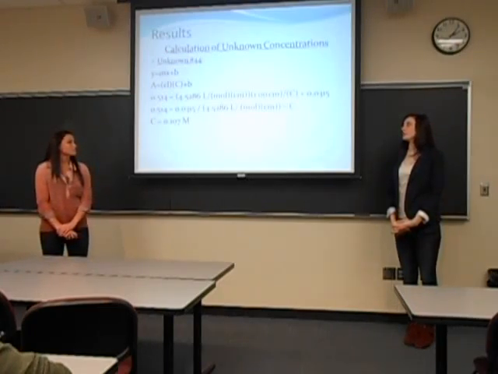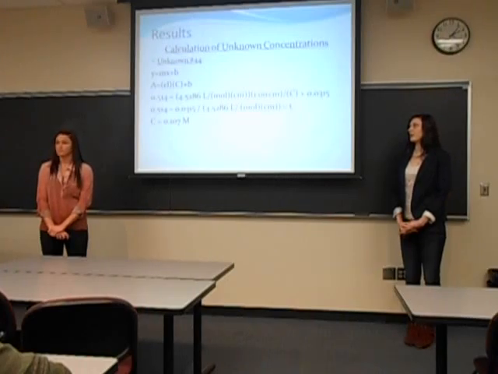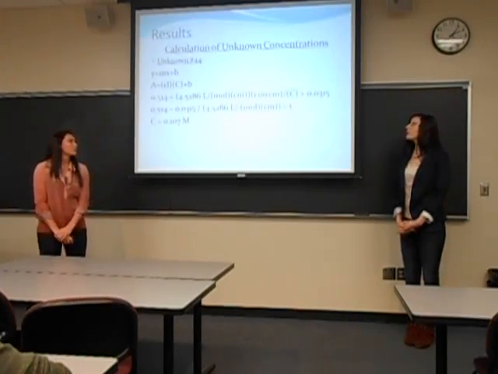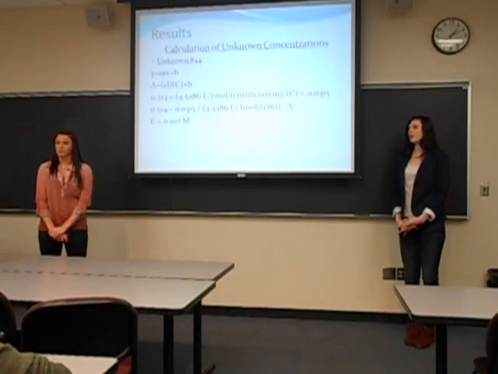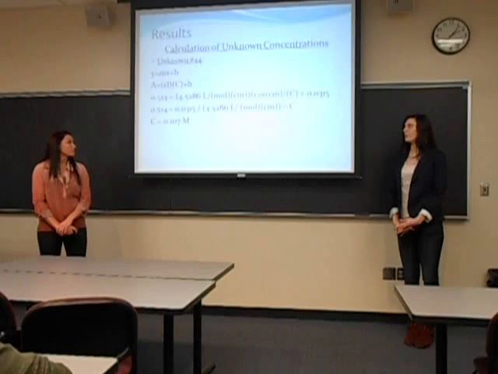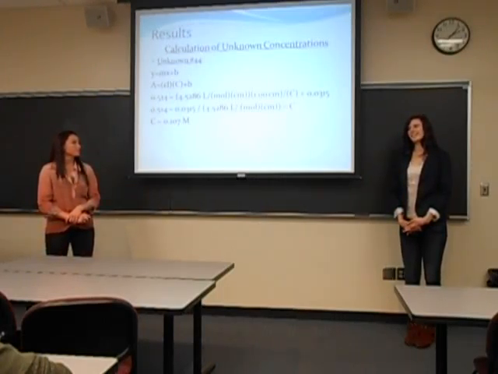We plugged it into Beer's law, and using the absorbance of mine, which was 0.514, and using epsilon, path length, which was constant 1 centimeter, and the concentration, and the y-intercept, which was always 0.0315, we calculated my molarity to be 0.107 moles per liter.